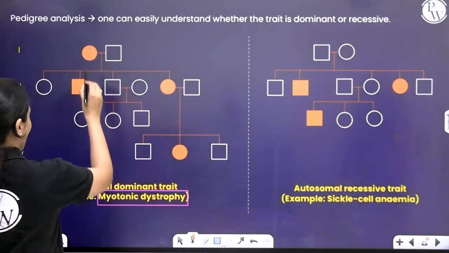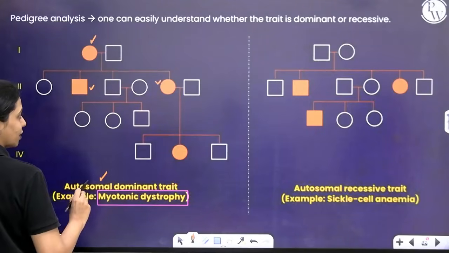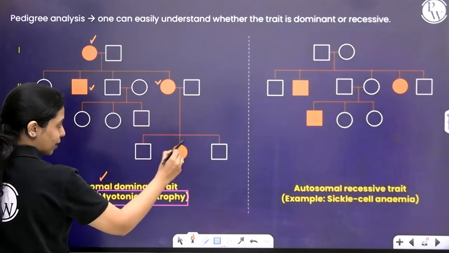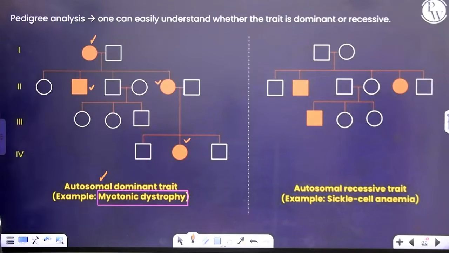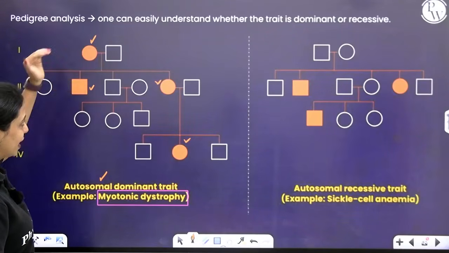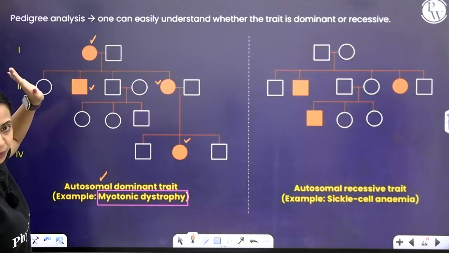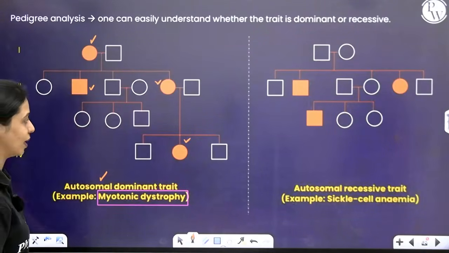Over here you can see among this couple, the lady is affected. So some of her children are affected. Again here you see the lady is affected, then her daughter is affected. So in autosomal dominant traits, the trait will express itself in the next generation only if it has been expressed in the previous generation as well. So here it is expressed, that is why it is expressed here as well.